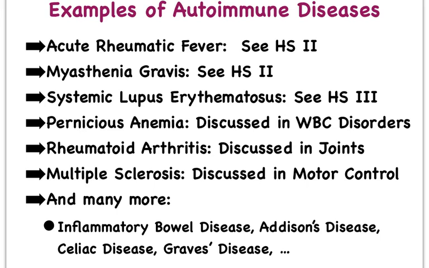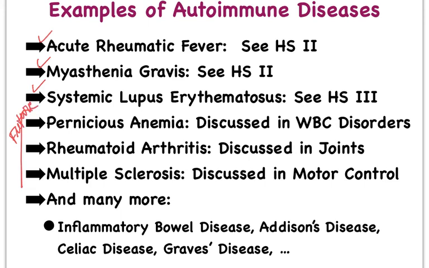Of course, there are endless examples of autoimmune diseases. I have listed here all the ones that we have already discussed. Let me check them off in the hypersensitivities, and the ones that we will discuss. So these are going to be in future topics, so keep an eye out for them.